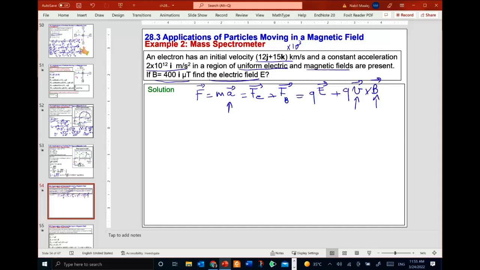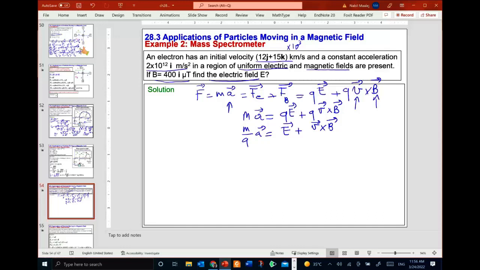I should be able to solve for E. So now I can write mass times acceleration is QE plus QV crossed with B. So I can solve for E. If I divide by Q on both sides, this is mass divided by Q times acceleration is equal to E plus V crossed with B.